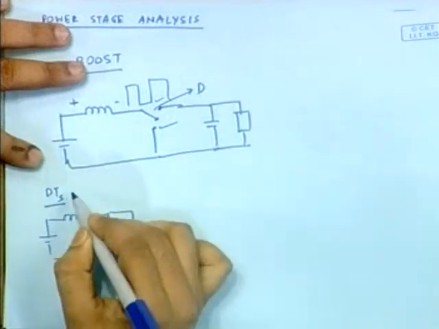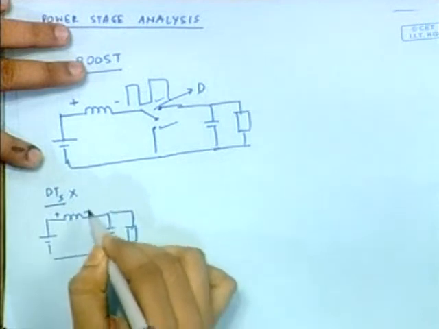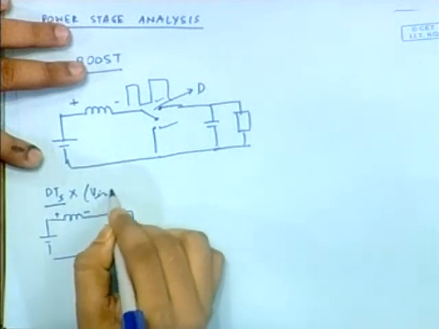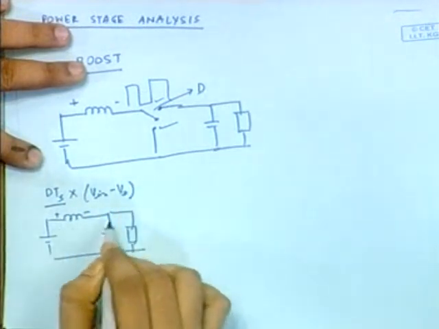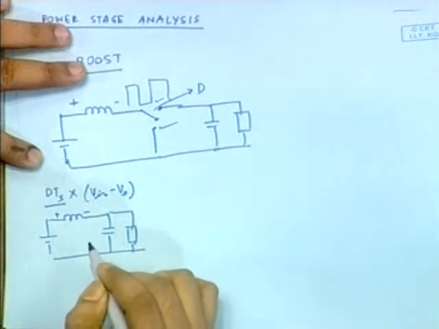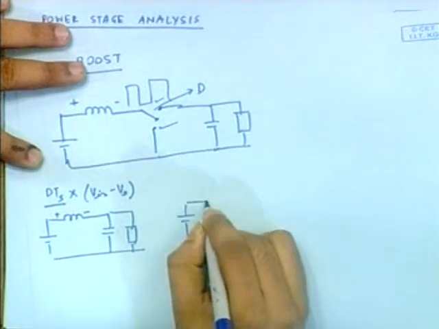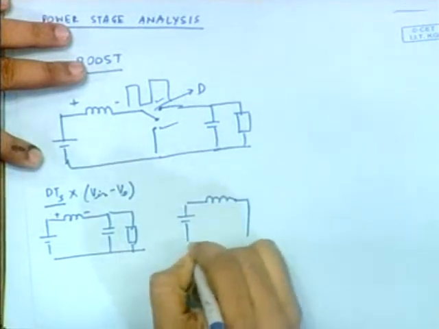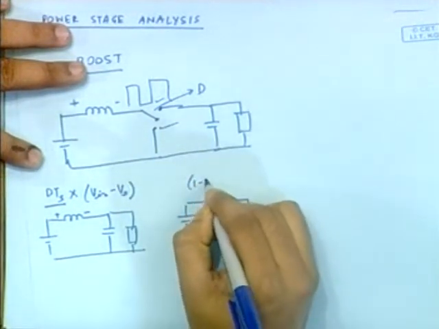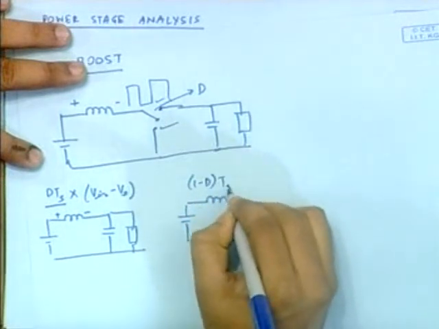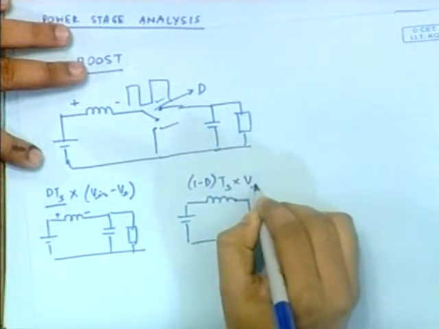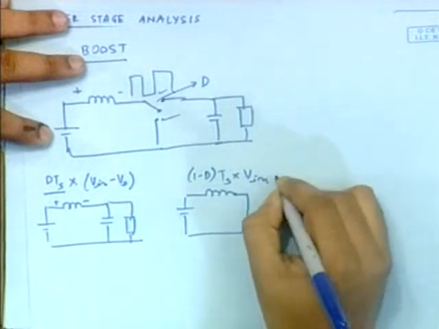Then what happens? dTs into V in minus V out. Next, we are considering the inductor only. Next the inductor is directly shorted to ground during the (1 minus D) Ts time. In this case it is just V in.